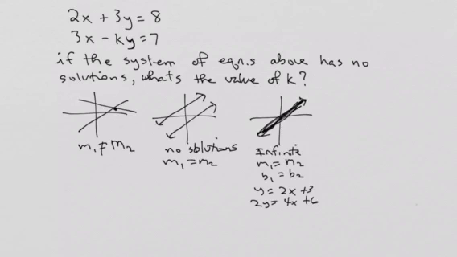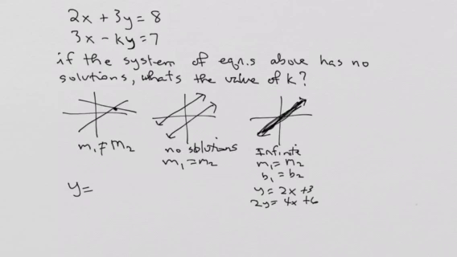The slope of the first line, I'm going to just do this, you can do this as well, but I'm going to get y by itself, and I'm going to find out that y equals, this is from the top equation, 2x plus 3y equals 8.